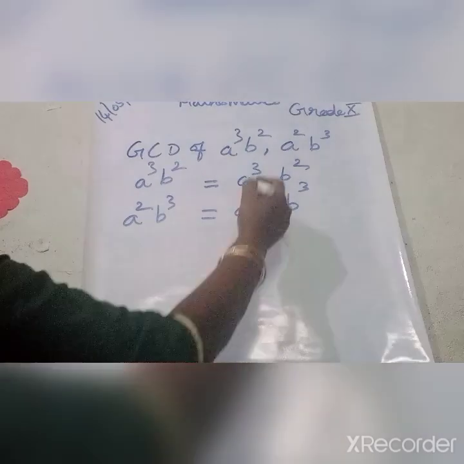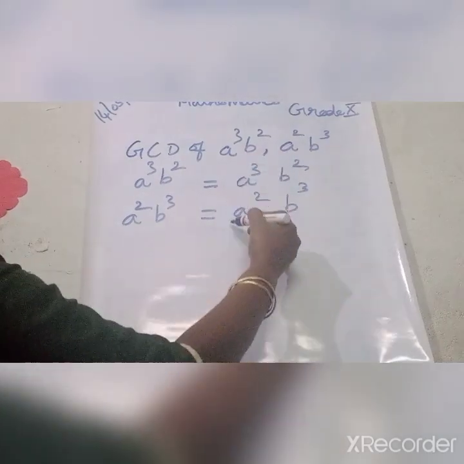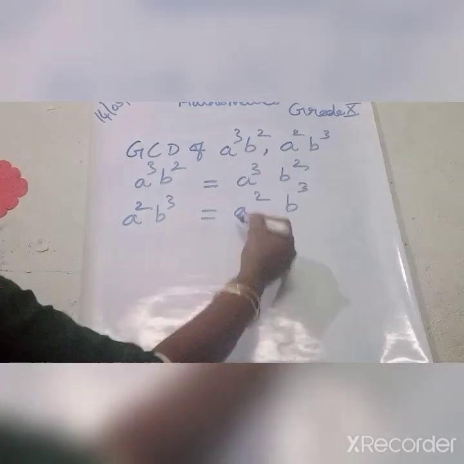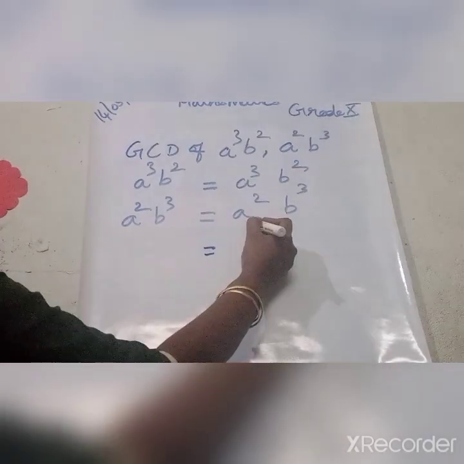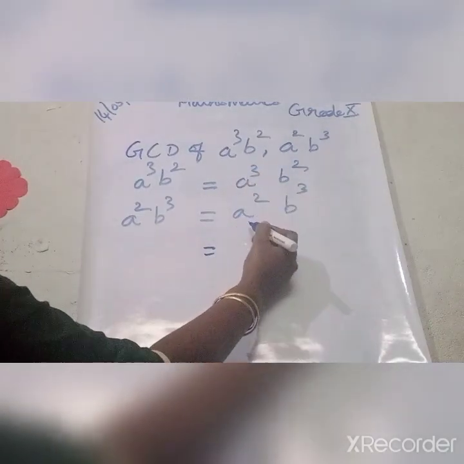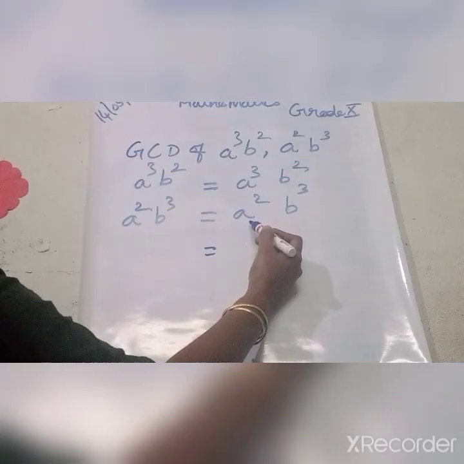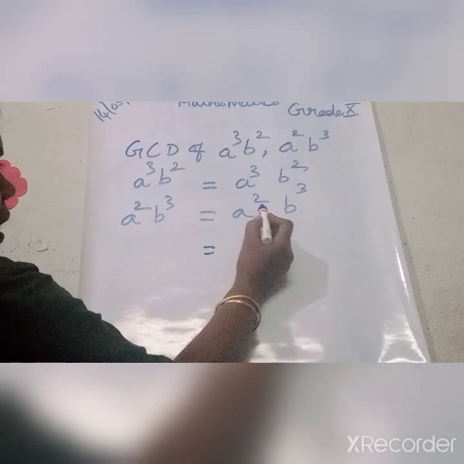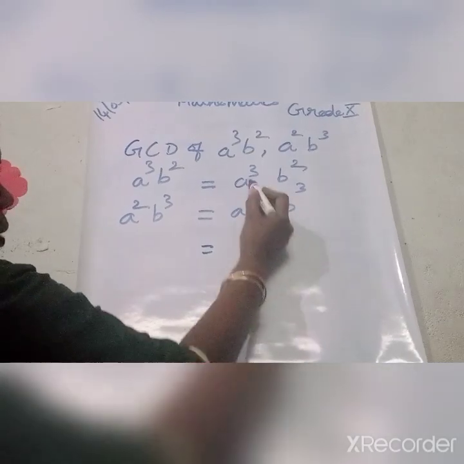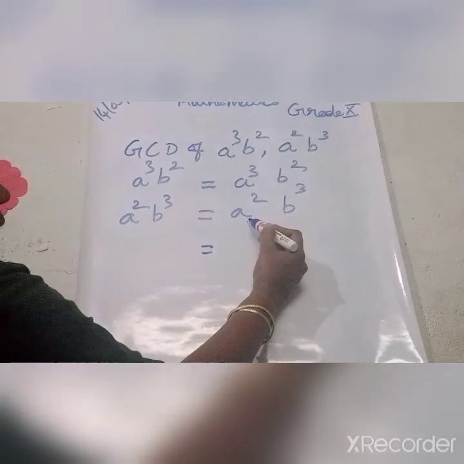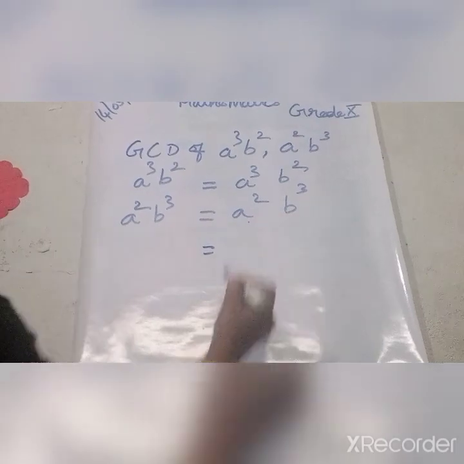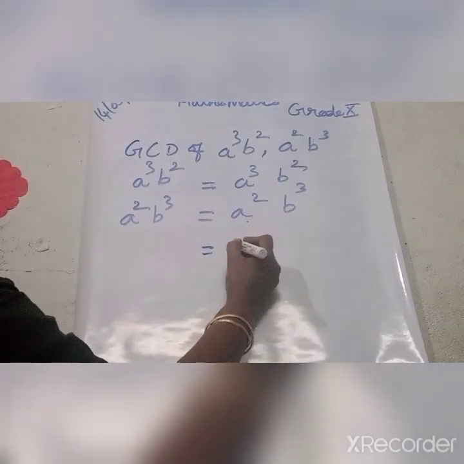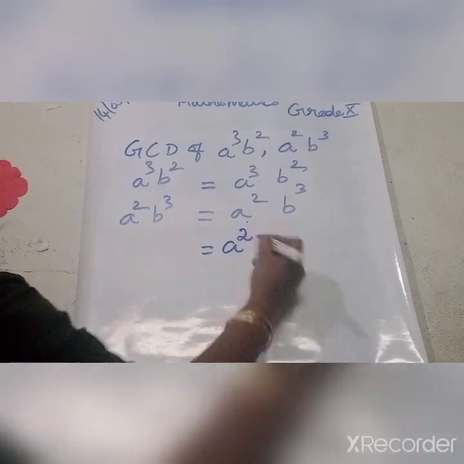First of all, we have to check only this a term, meaning this first variable term. Among a square and a cube, we have to select the lowest power term. Which is the lowest power term here? A square. So a square is the GCD.